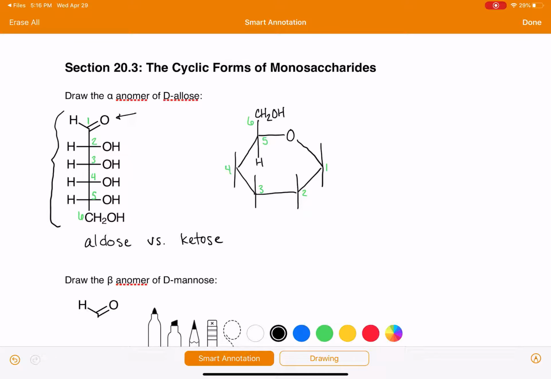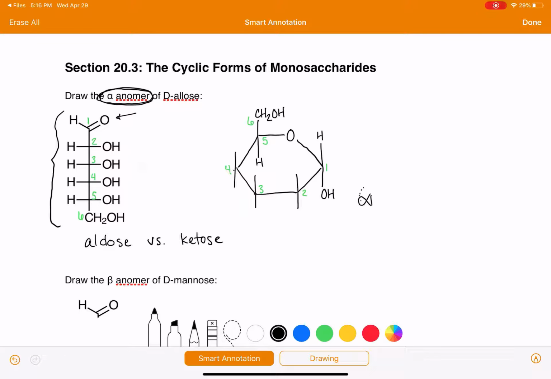They're always all going to start like this, all of them. So the next thing that I'll look at is which anomer I'm being asked to draw. This one's asking me to draw alpha, and so I know that that means at carbon number 1, my OH group needs to go down with the fish, like that. And so I've got most of this drawn. I just need to figure out carbons 2, 3, and 4.